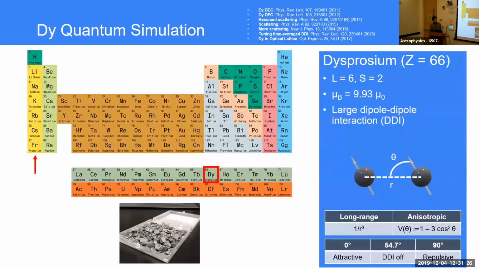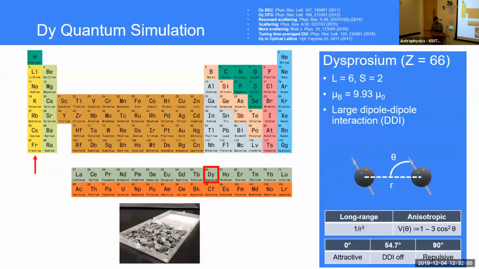If you study its ground state electron configuration, it has an orbital quantum number of 6 and a spin quantum number of 2. This high angular momentum in the ground state leads to a very large dipole moment of about 10 Bohr magnetons. If one considers the pairwise dipole-dipole interaction energy, that would be about 100 times that of your typical alkali, which gives us one more knob to tune to simulate interesting Hamiltonians.